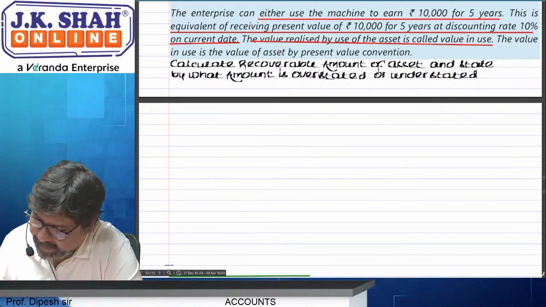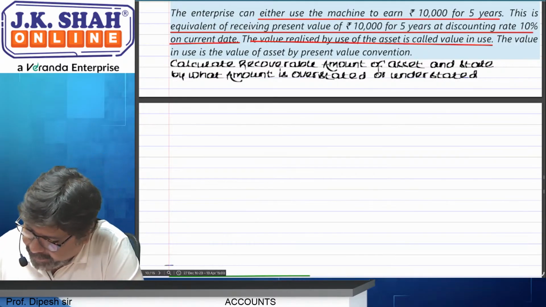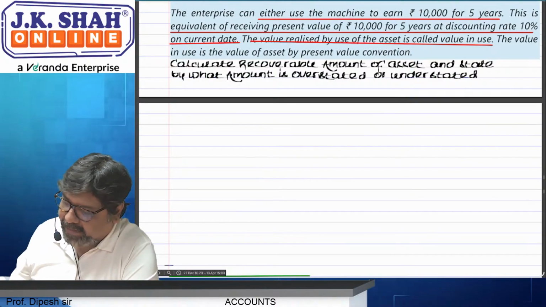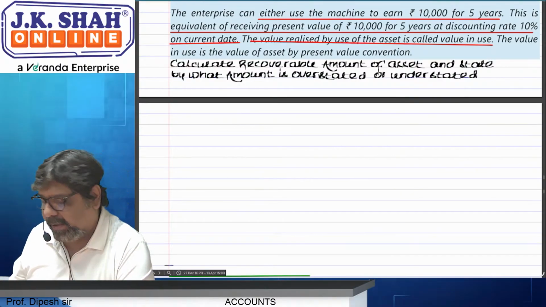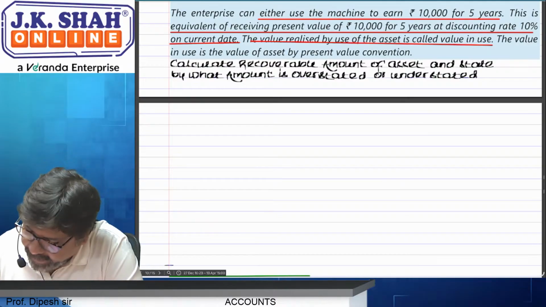Write down. Recoverable amount. Calculate recoverable amount of the asset and state by what amount is overstated or understated.